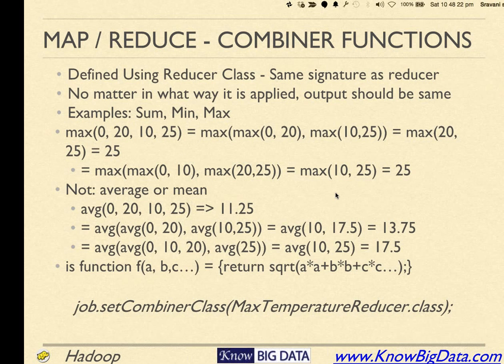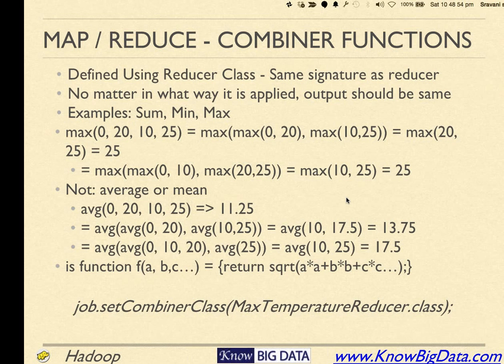In no matter what permutation or how many times we apply max, the result will be the same. The same case is for mean, and same case is for sum. So the combiner has to have this property.